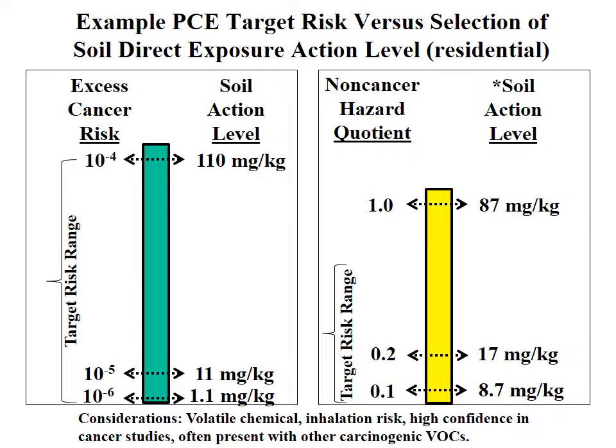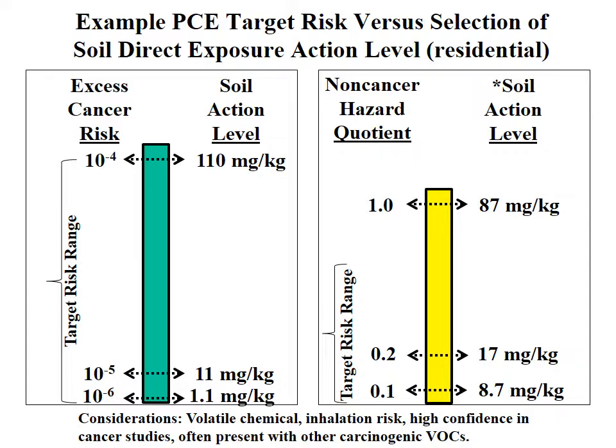In most cases, it's very rare to see more than 2 or 3 or 4, definitely no more than 5 chemicals at a site that pose the same health effects. So what we do as a default in Hawaii is we use a default non-cancer hazard quotient of 0.2 to develop our action level. In this case, the action level is 17 milligrams per kilogram. So there's our choice. For non-cancer risk soil action level, we would use 17 milligrams per kilogram as a default.